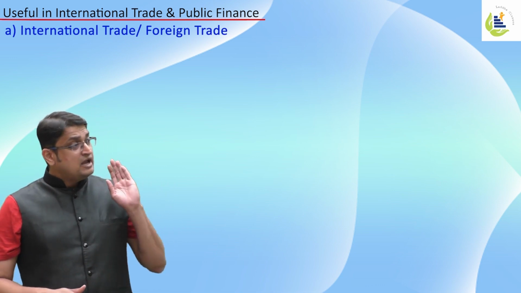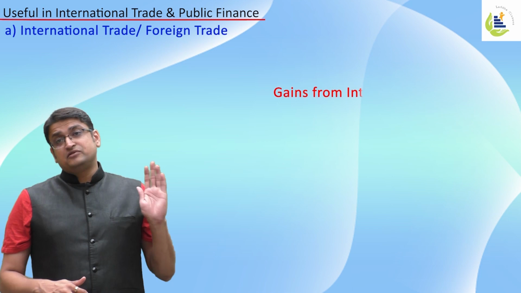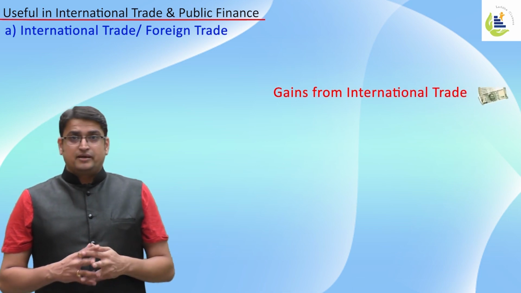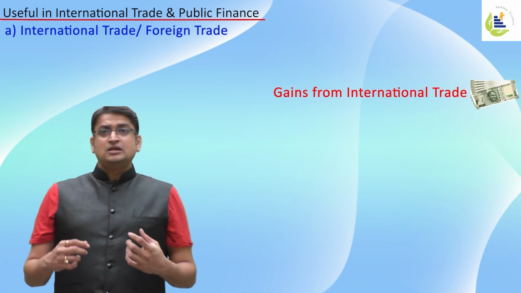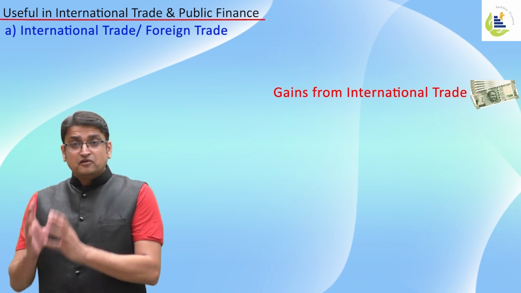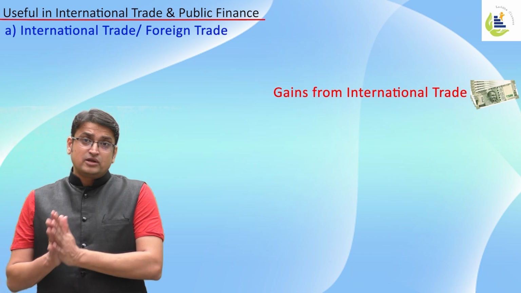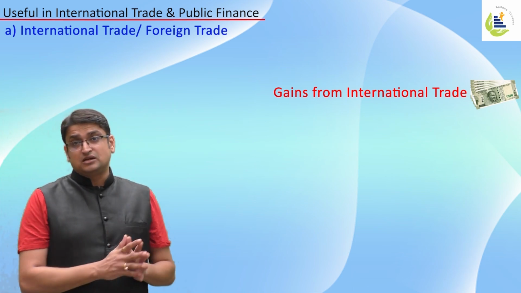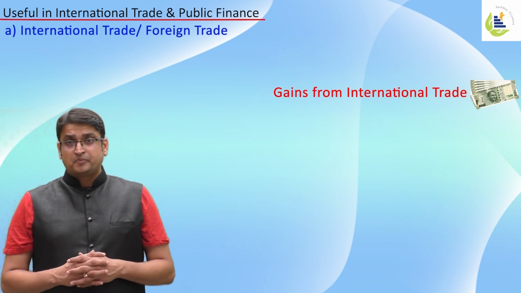Another advantage of microeconomics when it comes to international trade or foreign trade is it helps us identify the gains arrived through international trade. Now, what happens? There are various types of gains that a firm or individual supplier or importer gains out of this international trade.